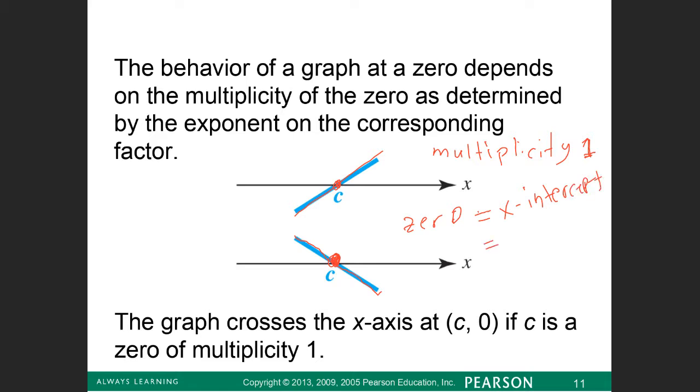Then you can call that a root also from the previous sections. Okay, so that's the first behavior, just passing through, multiplicity of 1.